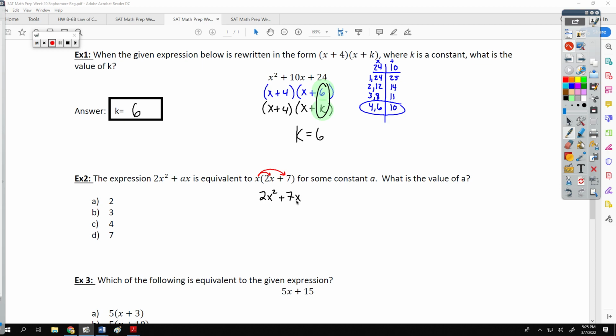And if we look at that compared to what we've got over here, 2x squared plus ax, and it's asking us what is the value of a, we should recognize that a is equal to 7.